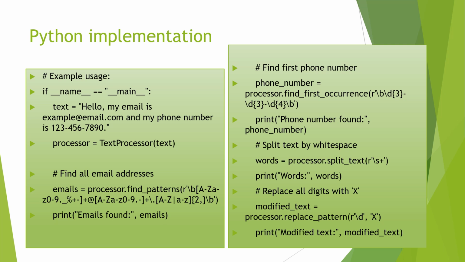The email ID contains a first word, something like abc at gmail.com. For abc, we can have a combination of uppercase letters, lowercase letters, and some digits. Then we add the at symbol.